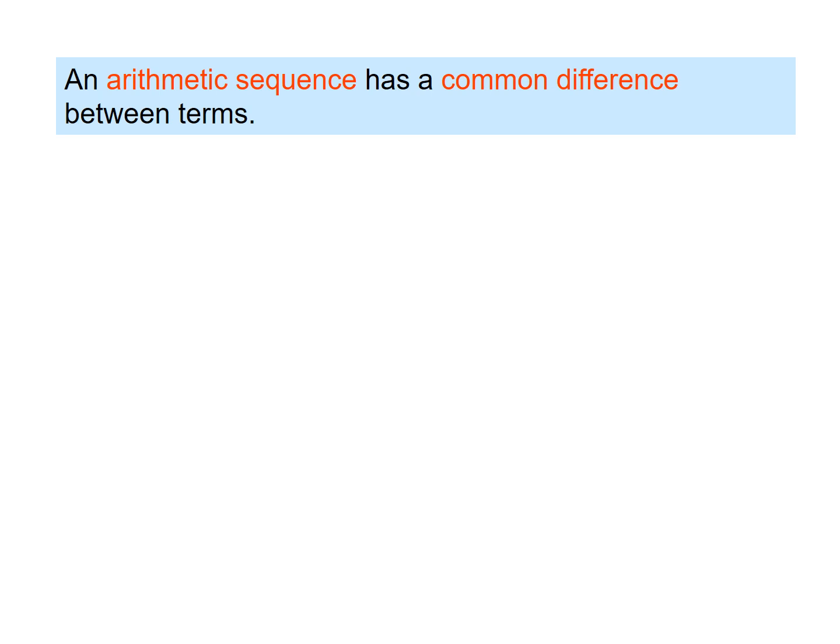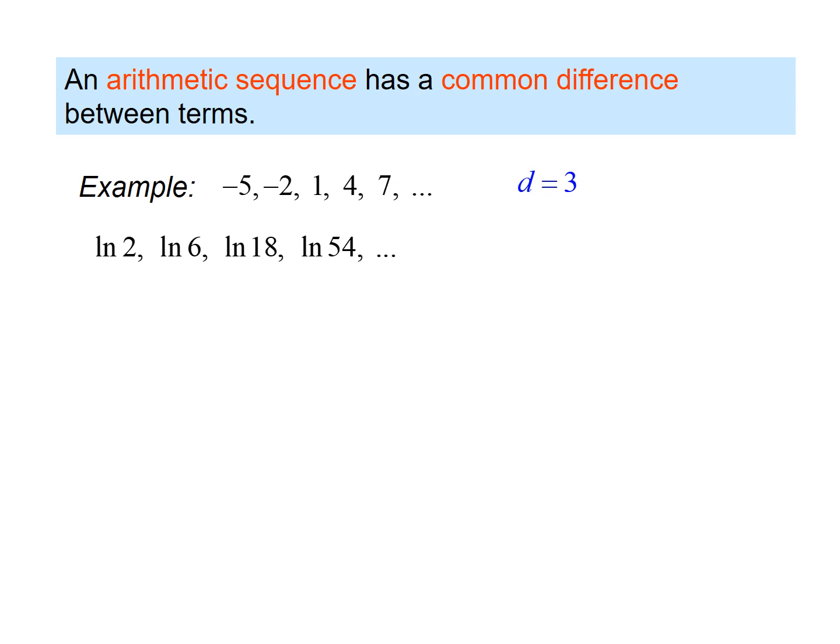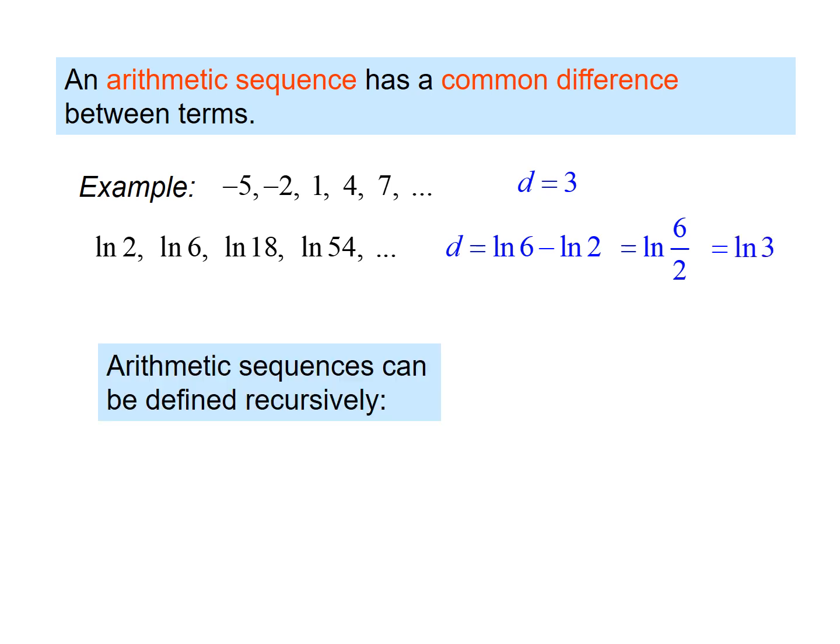And we have a special type of sequence called an arithmetic sequence, which has a common difference. So the difference here, or the amount that we add to get from one term to the next, is 3. And here, natural logs, keep in mind that if you take the difference of natural logs, that's the natural log of the fraction. And so all of these have a common difference of natural log of 3.